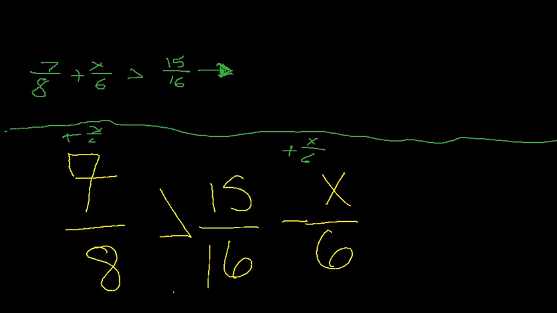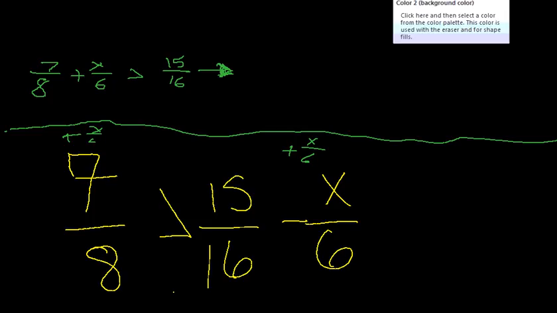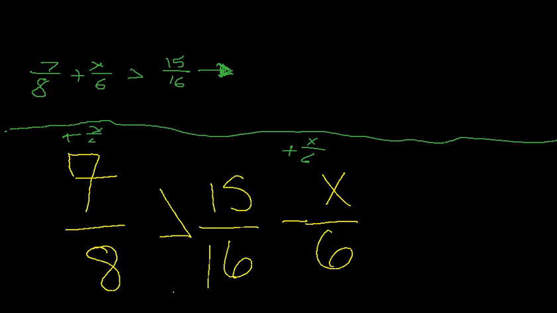So I'm going to let you change your color. You've got the board now. Now the next question is, how do you get the fraction x over 6 by itself? Well, I could do that, or I could do something even easier still.